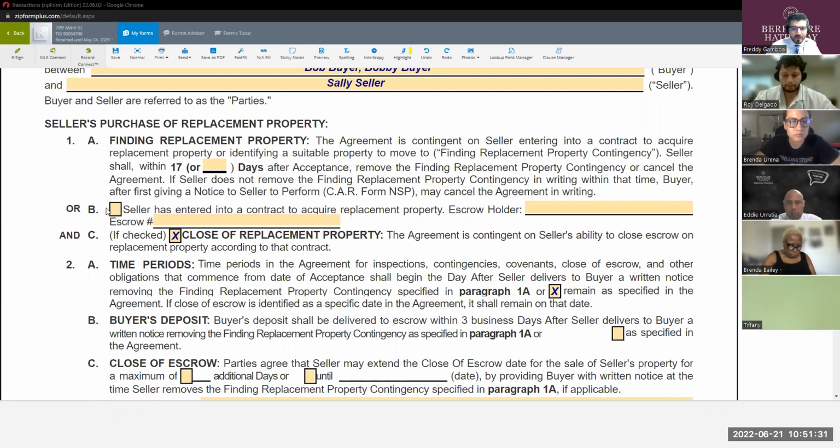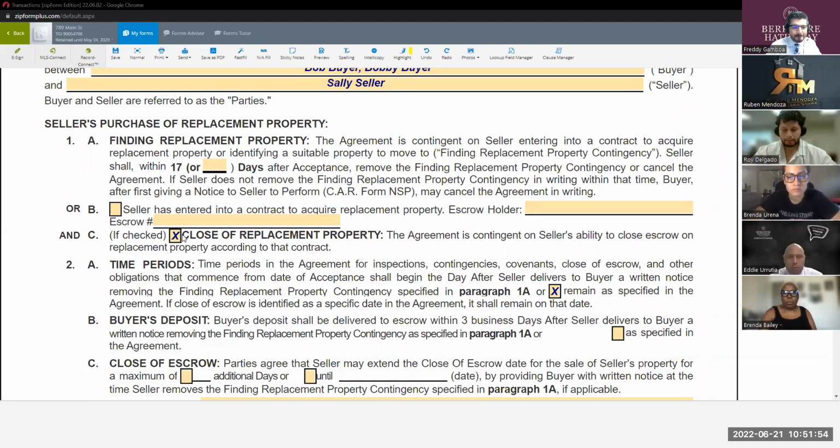But if you go to 1C, you're saying the seller will be contingent in full force until they find the replacement and then close the replacement purchase as well. So it could remain in effect until they find the replacement and close that escrow on the upleg.